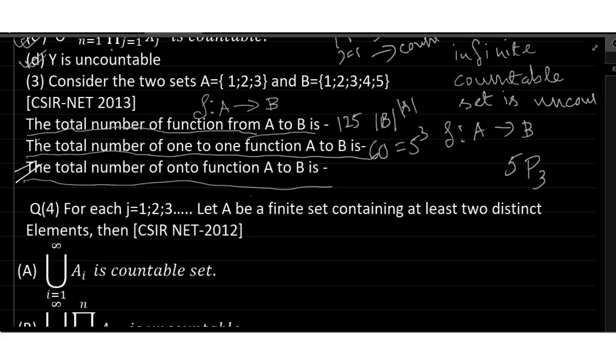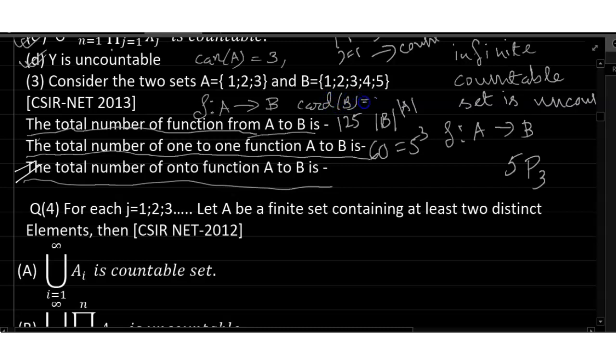Friends, here you see that f such that A to B, cardinality of A is equal to 3 and cardinality of B is equal to 5.